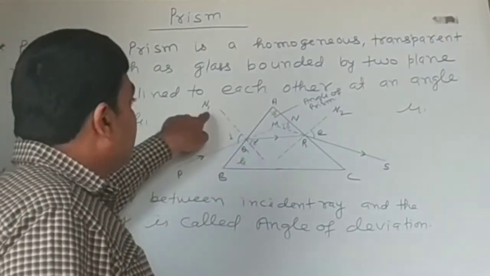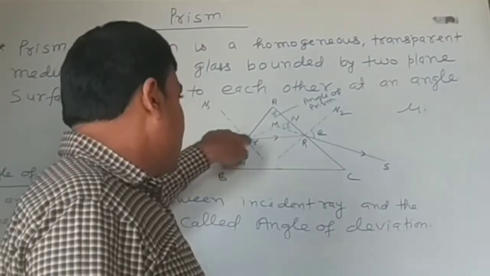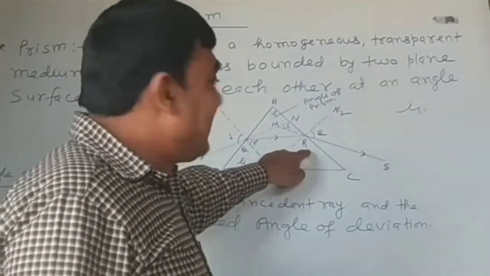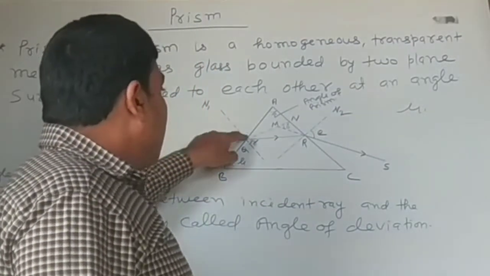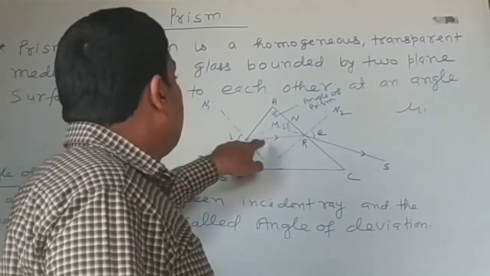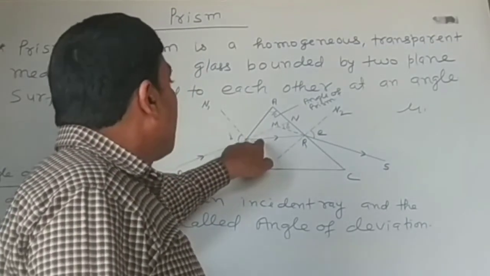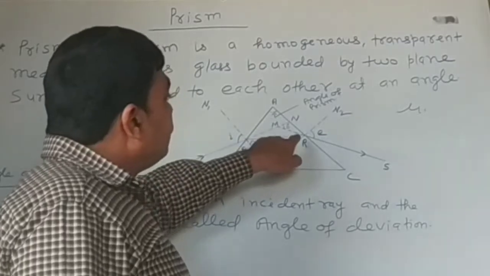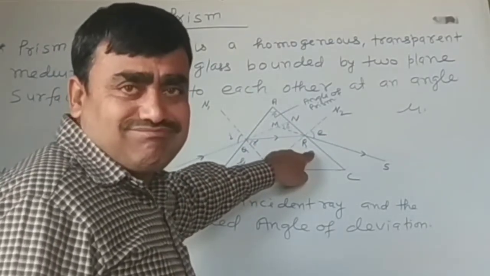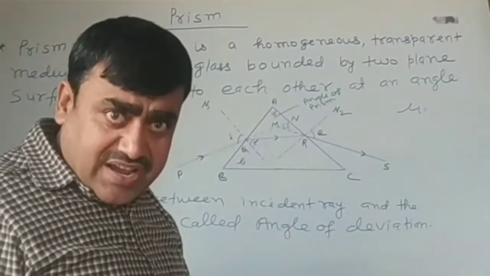Here N1 is the normal at point Q and N2 is the normal at point R. After refraction from the first face of the prism, the ray of light bends towards the normal and goes towards QR. And again it is refracted.